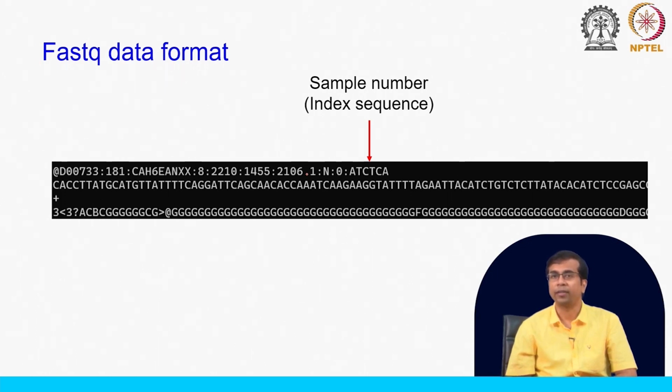You remember this index sequence is there when you add the adapters. During adapter ligation you can have this index sequence, and this allows you to add multiple samples in one experiment, which we call sample multiplexing. So this gives you the index sequence.